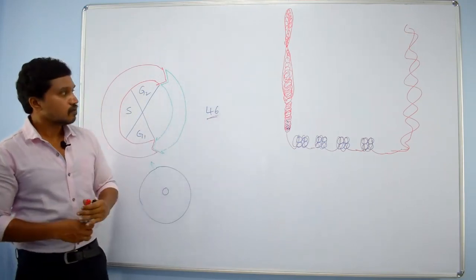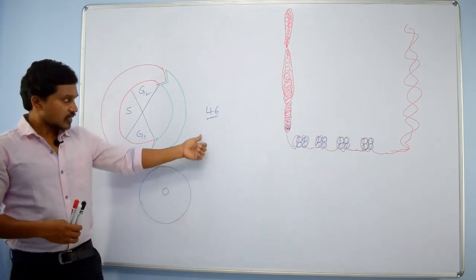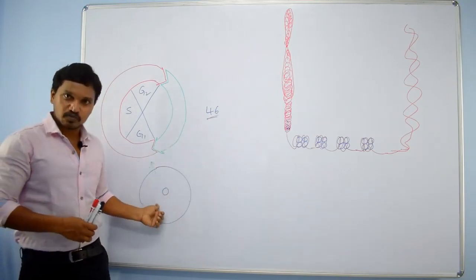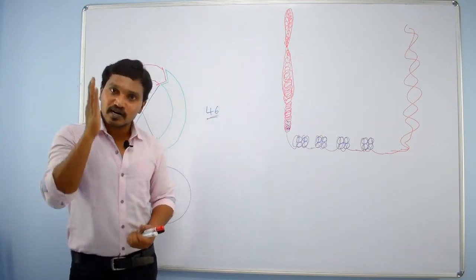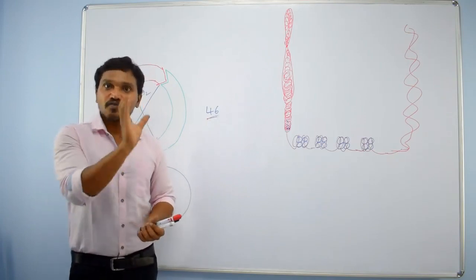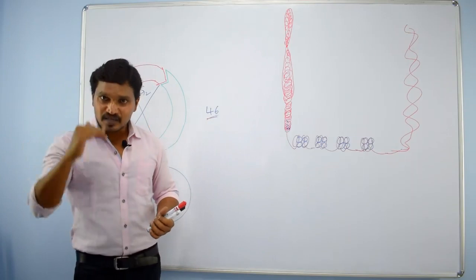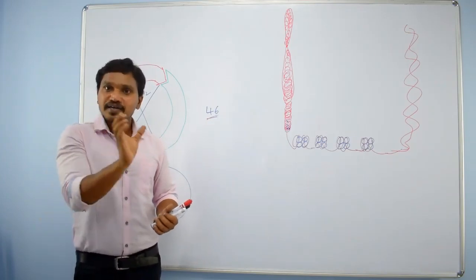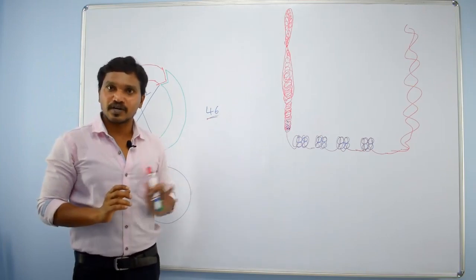Clear? Now this cell contains 46 chromosomes, but this cell is undergoing cell division. When it undergoes cell division, daughter cells also should have 46 chromosomes. Actually, daughter cells are identical to the mother cell during mitosis.